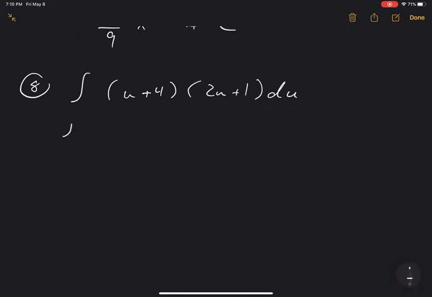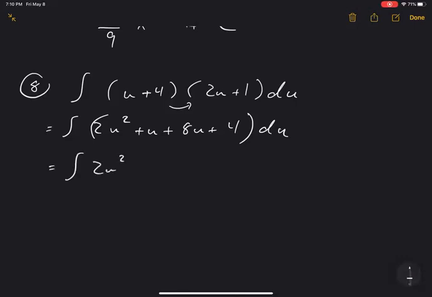So if we multiply out these two functions, so multiply this by this and just multiply everything out, what do I get? I get 2u squared plus u plus 8u plus 4, right, du. Let's just simplify that. I get this.